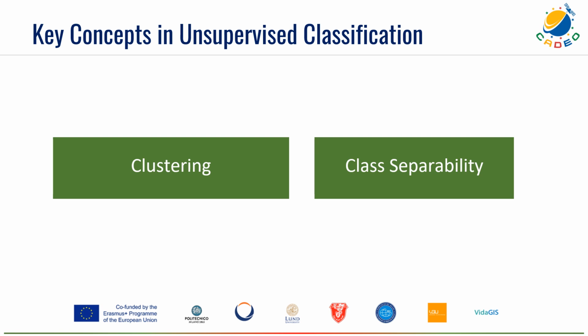This is the core idea behind unsupervised classification. And the second one is class separability, the degree to which different clusters are distinct from each other. Good class separability means that the clusters are well defined and separate in the feature space.